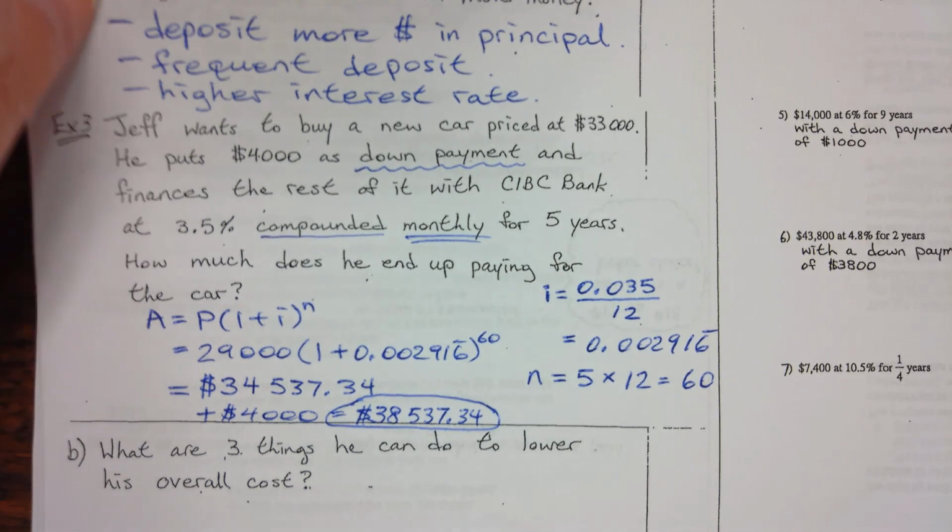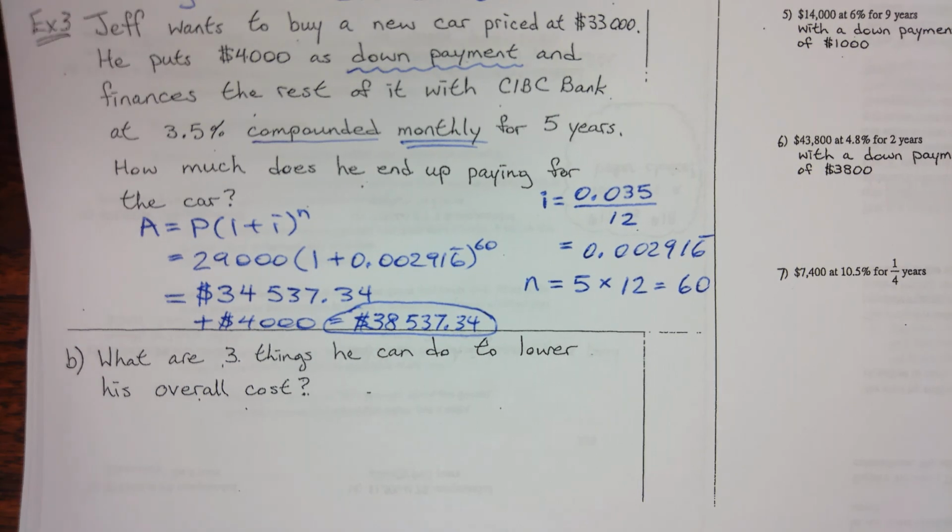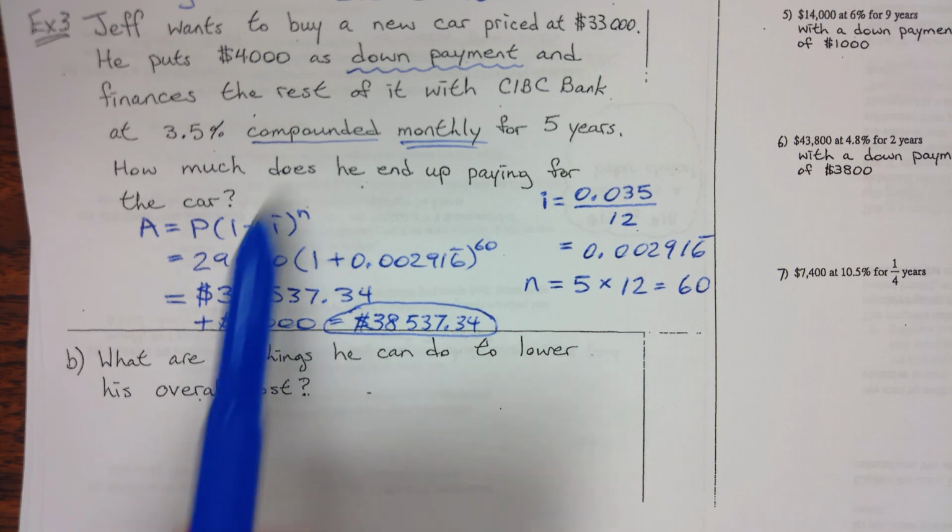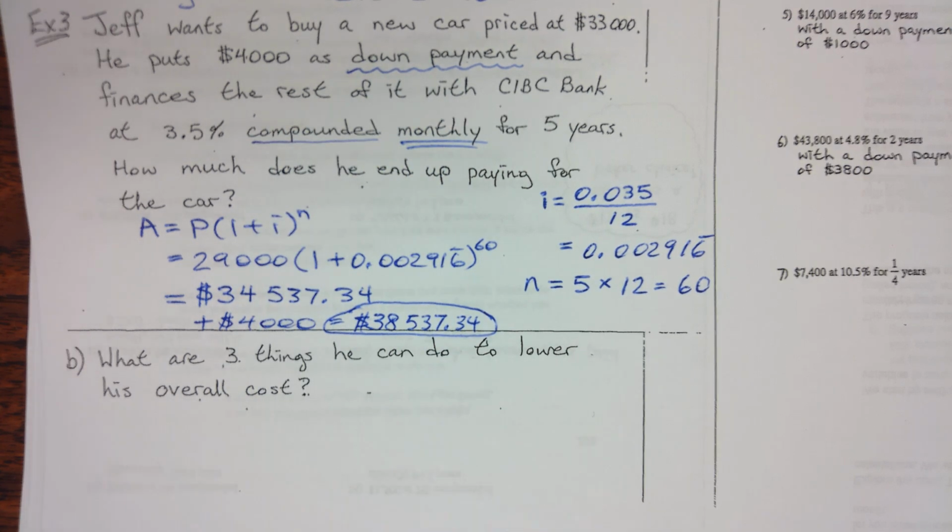Right. So what's the difference between example 2 and example 3? Both are calculating interest, but one is in a savings account, and the other one, what's happening here? You're buying a car, so you're borrowing money, right? So if you're borrowing money, how can you reduce your overall cost then?